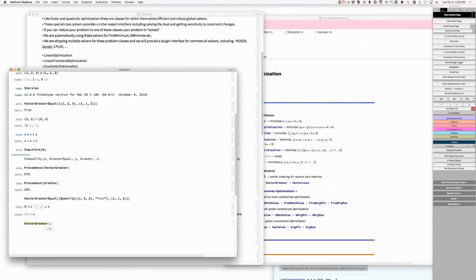So if I say vector greater x, comma, 1, 1, for example, and then if I were to just say region plot of that x element.